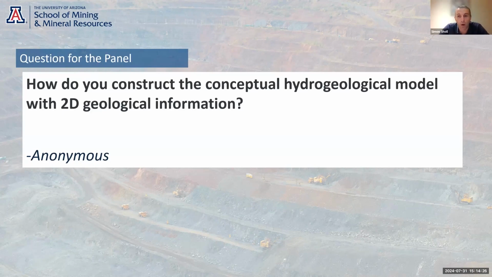So we were quite reliant on a 2D map, and that 2D map was mainly based on magnetic surveys rather than actual mapping. So I absolutely echo what Jeff is saying.